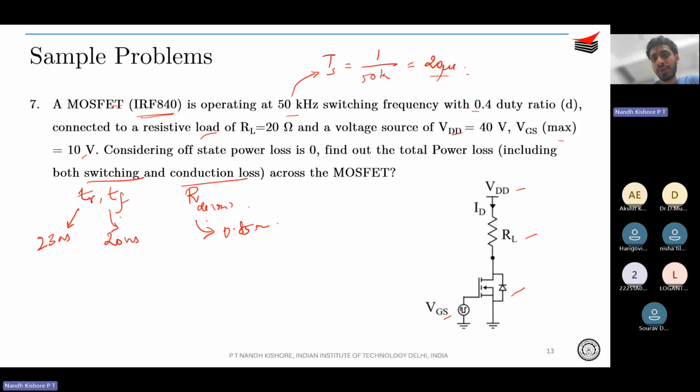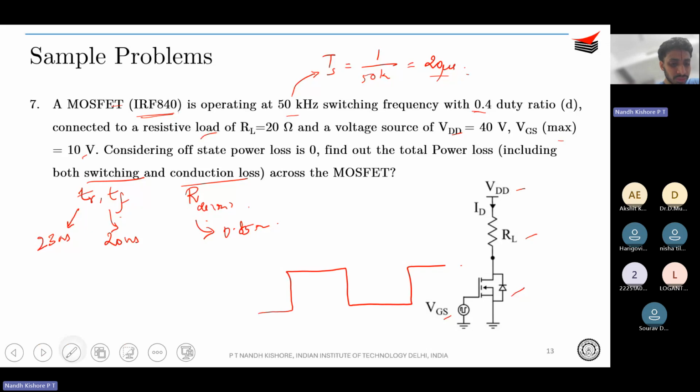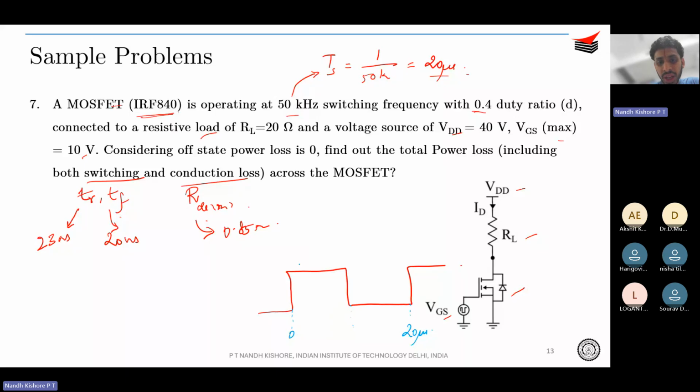And it's 0.4 duty ratio, meaning that your VGS will be something like this, where this is 0, this will be TS or 20 microsecond, and then this will be 0.4 times that.